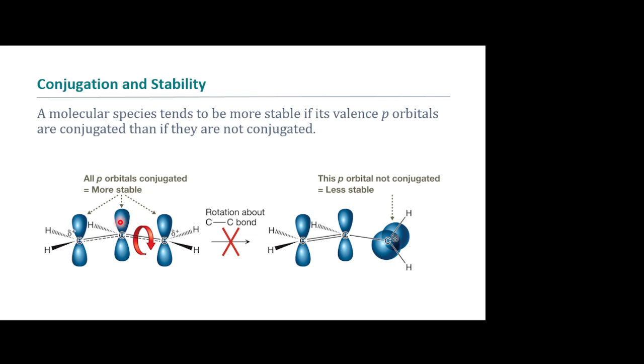So when you free that p orbital, it's always going to end up rotating to overlap those other p orbitals because that's going to be the most stable configuration. Once it gets into that, it's going to be very hard to knock it off there, okay? Because this is going to be much, much less stable.